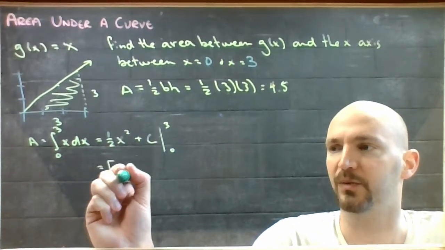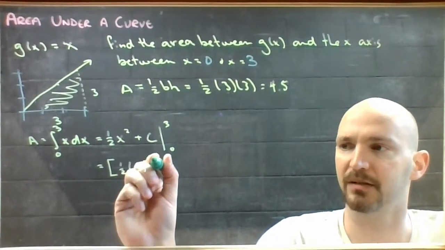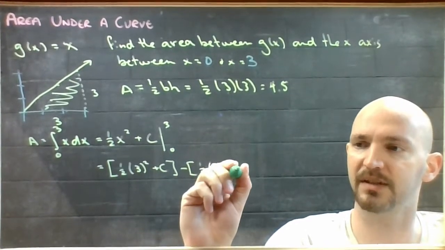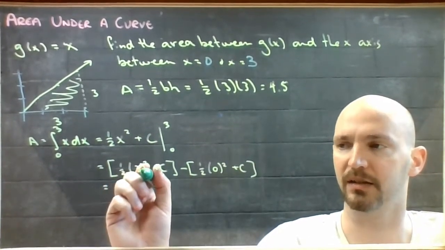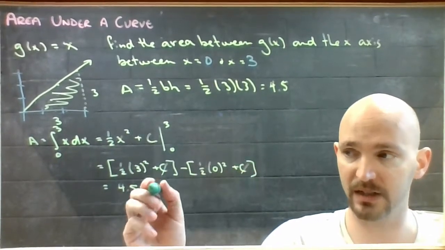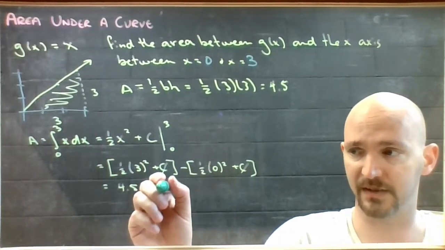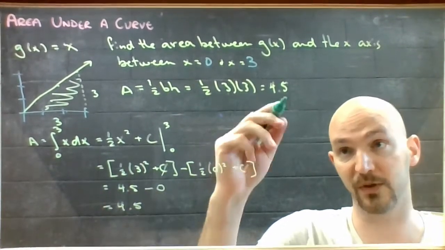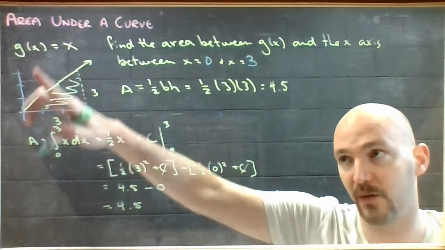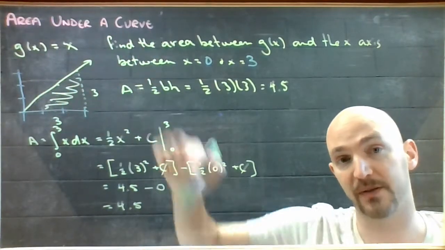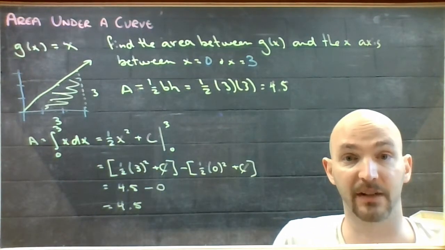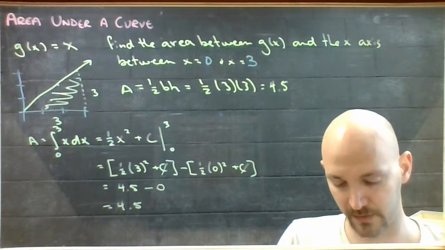So I'm going to have to do 1/2 of 3 squared plus c, subtract 1/2 of 0 squared plus c. 3 squared is 9, 9 divided by 2 is 4.5, plus c, subtract the c is gone. 0 squared is 0 times 1/2 is 0, and I end up with 4.5, which matches. Okay, so that's good. This is working. So my integration of the function that draws the top part of the shape, if I integrate that between the two locations I'm after, I end up getting the area that I would calculate otherwise with composite shapes.